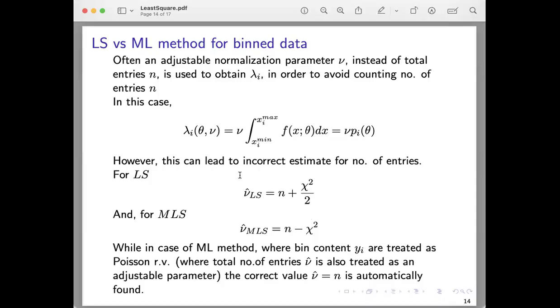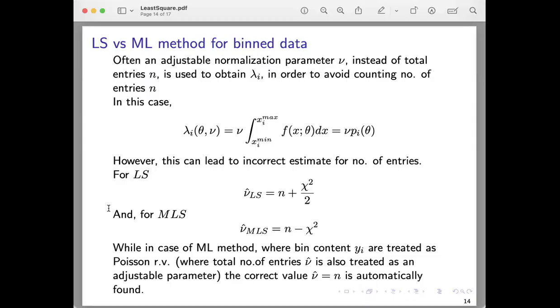But when you do the same thing in the ML method that we discussed earlier, where we treated the number of events in the bin as a Poisson variable, nu, we had a PDF which was the product of the Poisson probabilities for each bin. In that case also, we treated nu as an adjustable parameter, right?